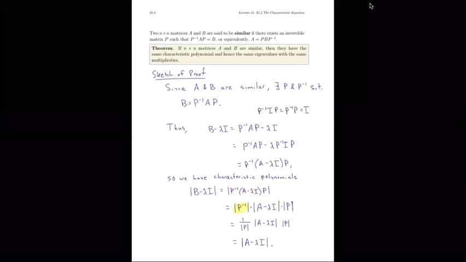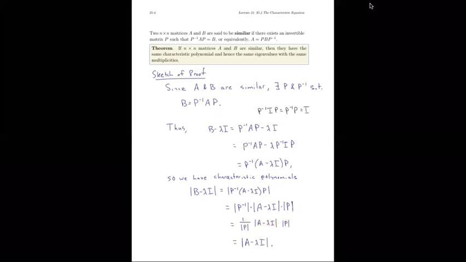The determinant of P inverse is equal to 1 over the determinant of P. I think we proved that back in chapter 3. So 1 over the determinant of P times the determinant of P is going to be equal to 1, and we're left with only the determinant of A minus lambda I on the right-hand side.